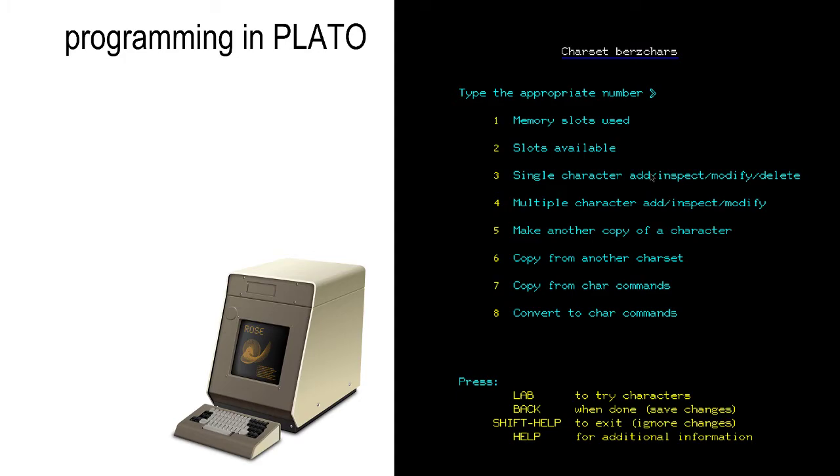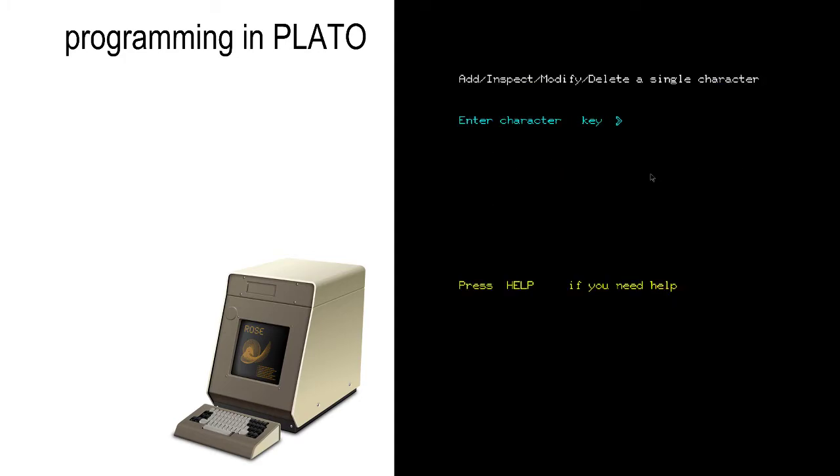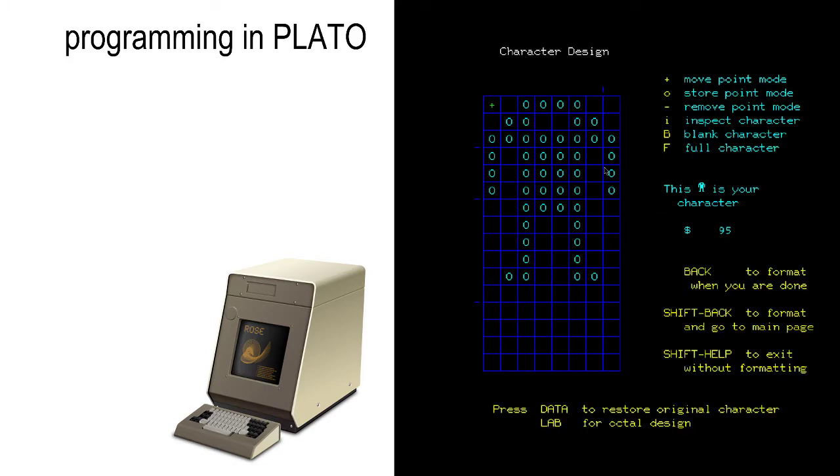If we edit one of them, we can go ahead and select either a key, which in this case, I know that my first Berzerk character, I repurposed the $ sign here, so I will select that one, enter, and we have our character set editor here. Now, I wish this had been touch sensitive, but yeah, you can't have everything.